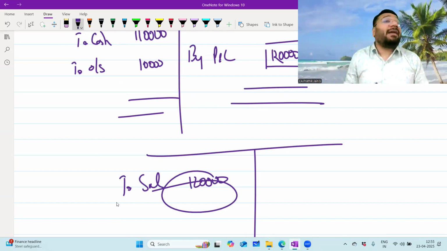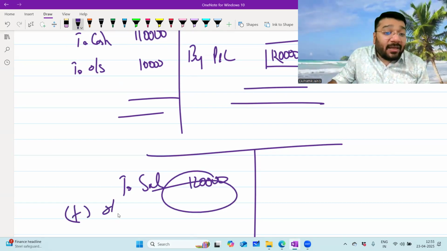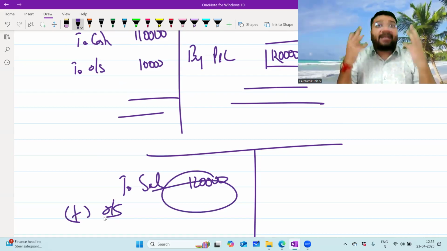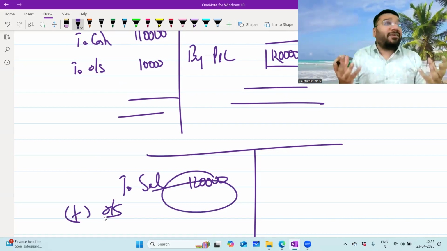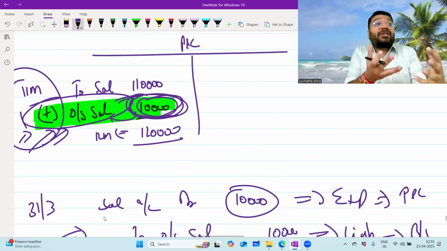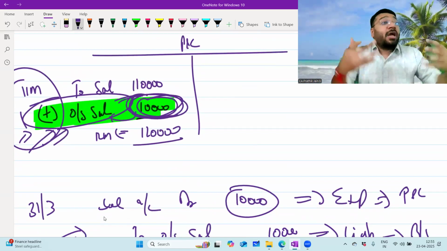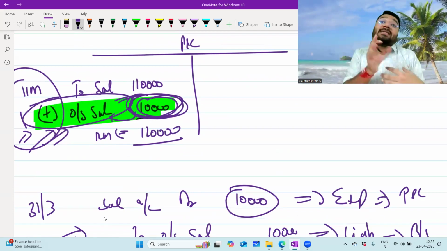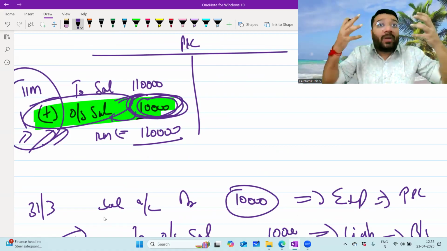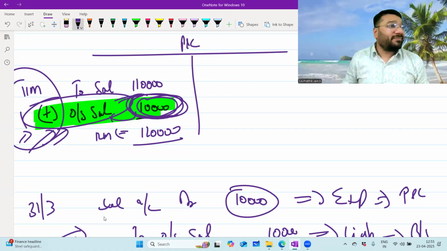Then in school, why did they tell us add outstanding salary? See, we understand something better when we see it. So this presentation, why did they opt for it? Because if they show this presentation, you will understand, okay, outstanding salary is an item to be added. They wanted us to learn by looking at it.